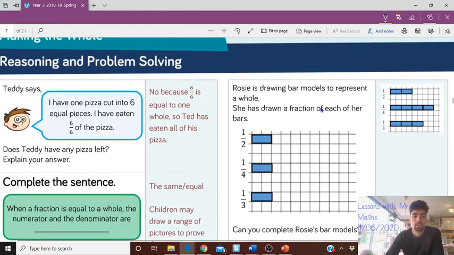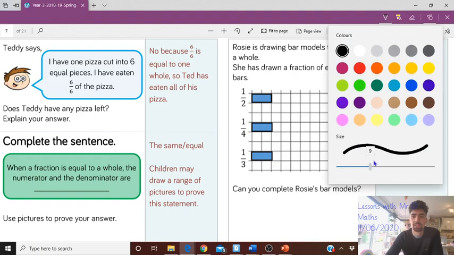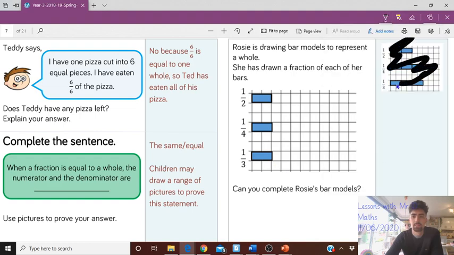And this is a nice little challenge one here. Rosie, you're drawing some bar models now to represent the fractions. I'll just cover that out. That's got the answers.